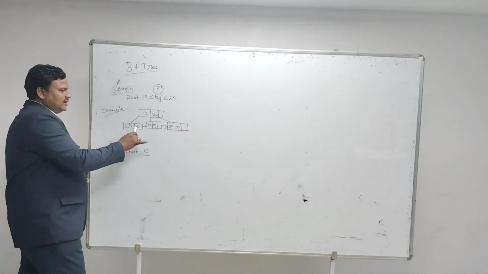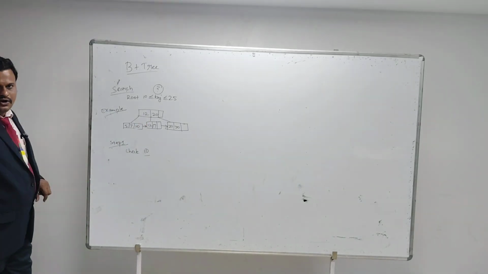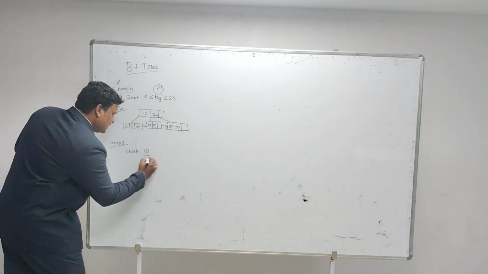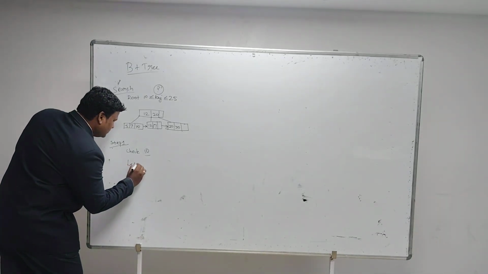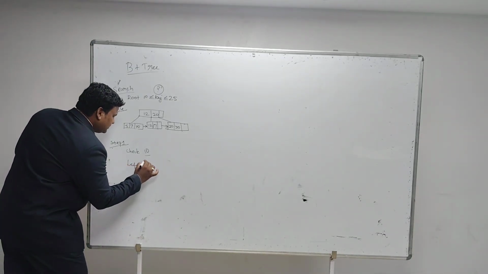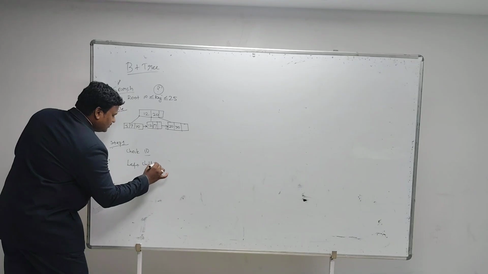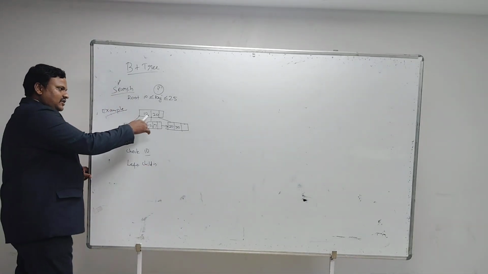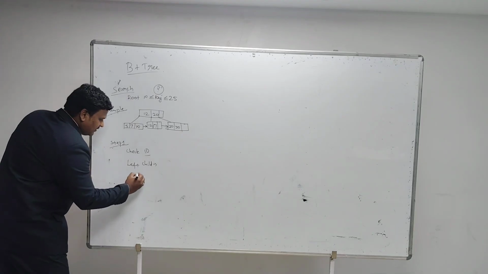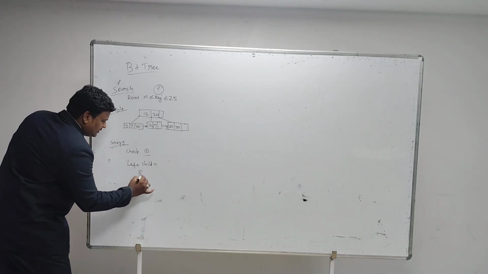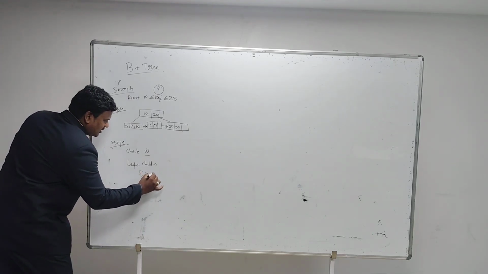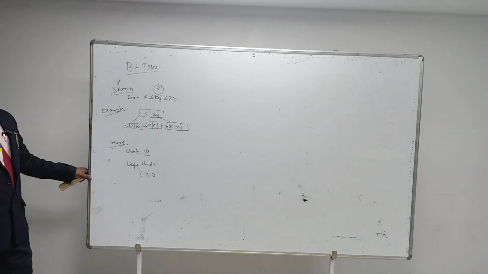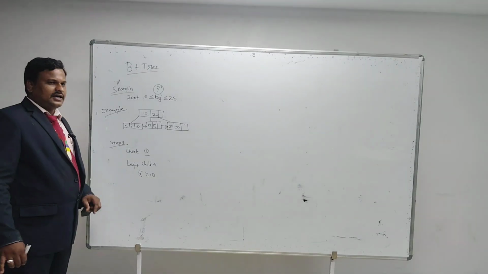So the left side of the node, the left child, we need to check. Okay, so in this left child of the key node, what we have is 5, 7, 10. Okay, so we need to check this condition.